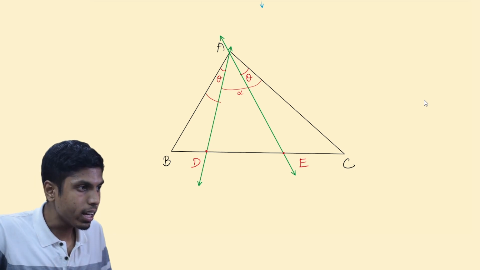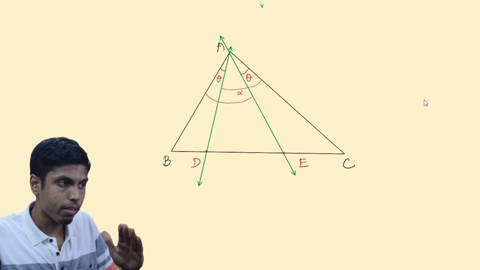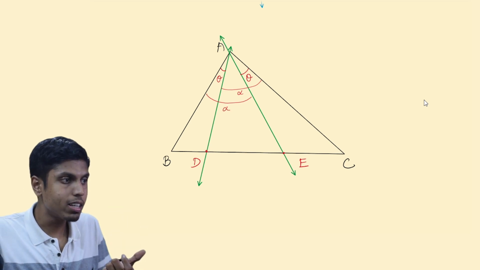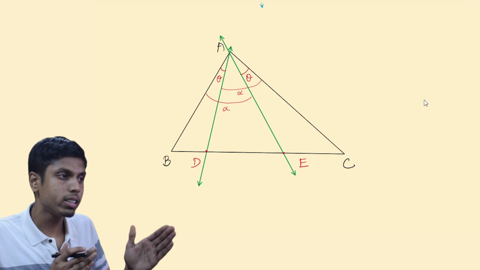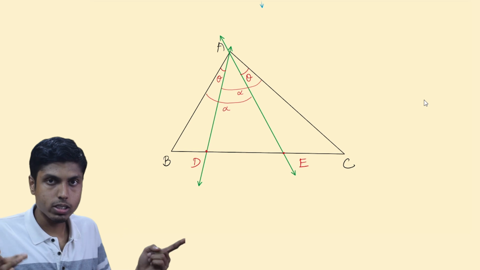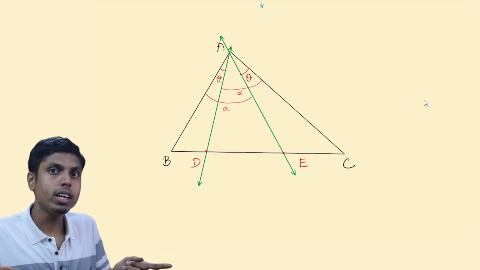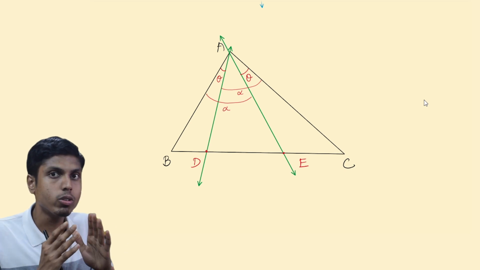Then the angle made by AE with AB will also be A minus theta. So thus it is also alpha. And that's why I was mentioning that the angles made by isogonal lines with opposite sides are equal. You may as well consider a different order, but you have to consider different sides for those two lines.